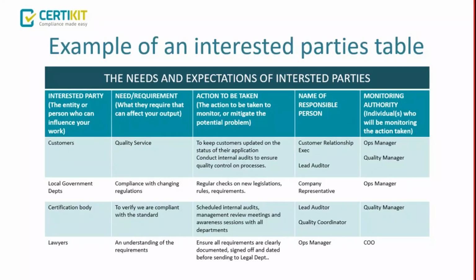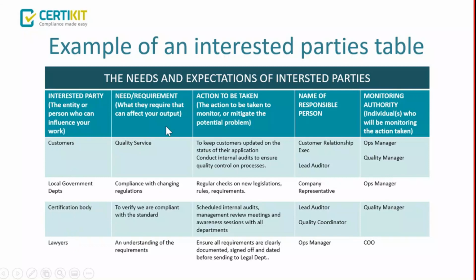This is an example of an interested parties list for external entities. And I just knocked this up. There is something similar in our toolkits, so you don't have to produce one yourself, but this is the one I like using when I'm working with clients. And it works through logically. I have the list of interested parties on the left-hand side.